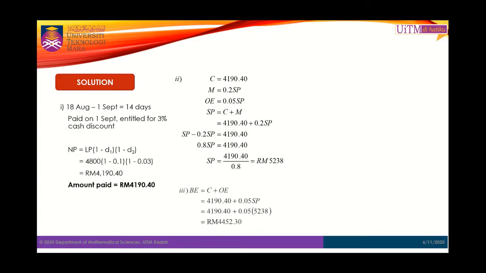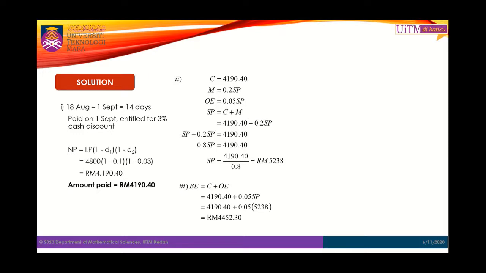So the next one is to find the break-even price. The break-even price is given by the formula C plus OE, cost plus the operating expenses. So the cost is 4,190.4 plus the operating expenses, simply 0.05 SP, that is 5% of the selling price.